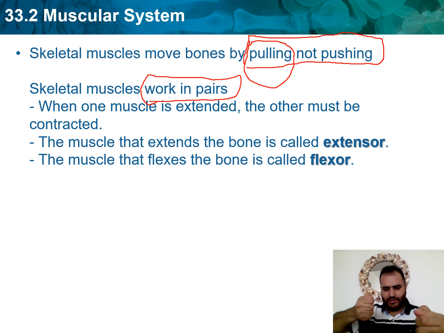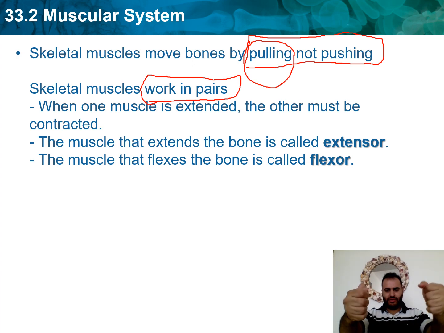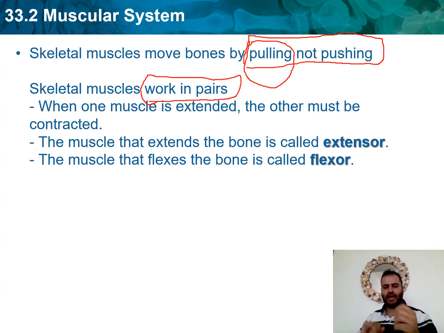If I pull one side and I keep catching the other side, the horse won't be able to turn its head. So whenever you need to change the direction, you need to pull one side and relax the other side. In this way, the head of the horse will turn.